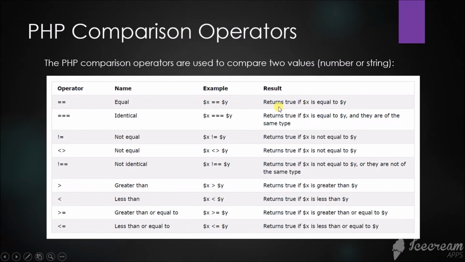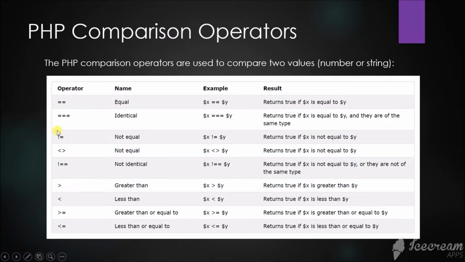If they're equal, then it will return true. Then we have here the triple equal, or identical. Here it will check if the values of x and y are equal, and it will also check if the data types are equal. If both data type and value are equal, then it will return true.